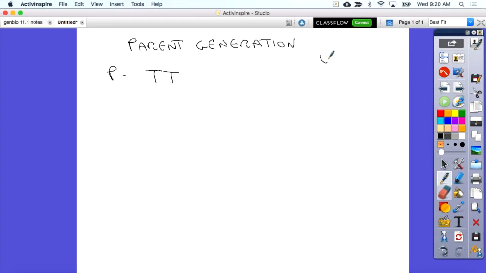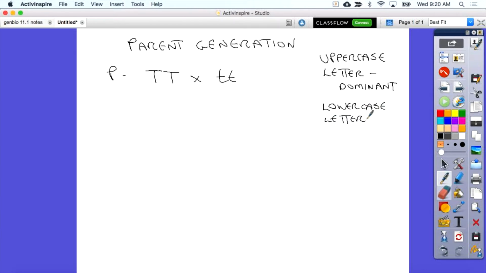So an uppercase letter is going to be the dominant trait, and he crosses a homozygous or purebred tall plant with a homozygous recessive or purebred short plant. So a lowercase letter indicates the recessive trait. Make a note here one time. Lowercase letter is a recessive trait.